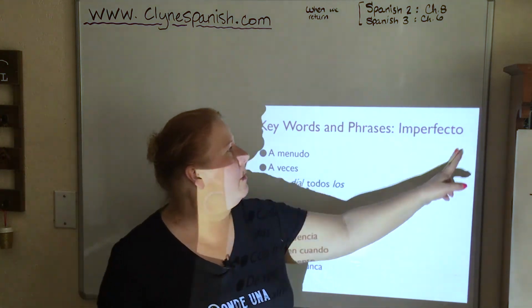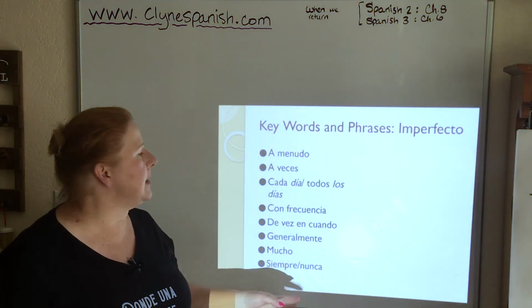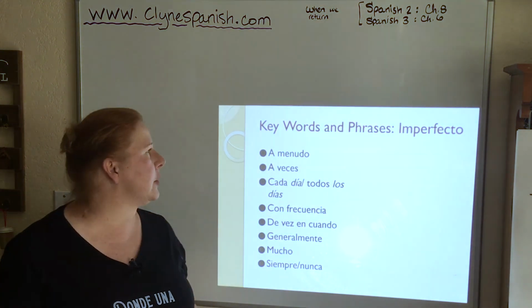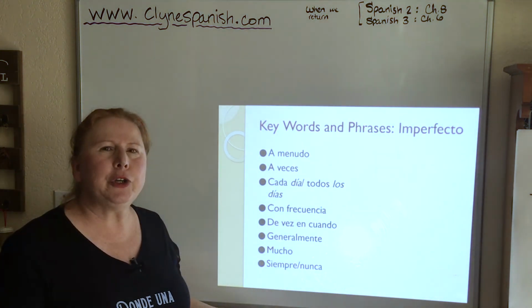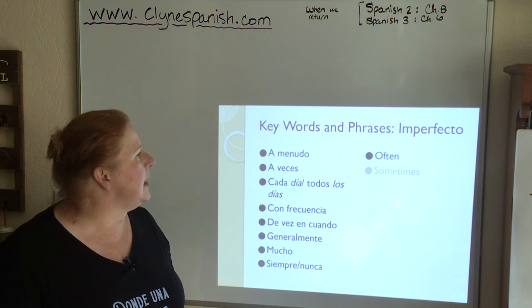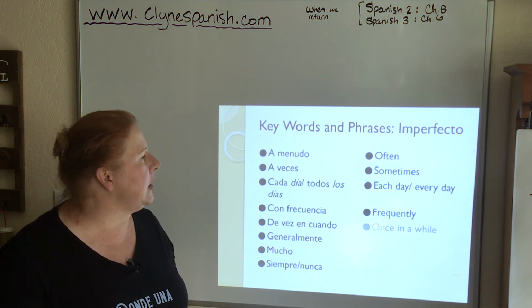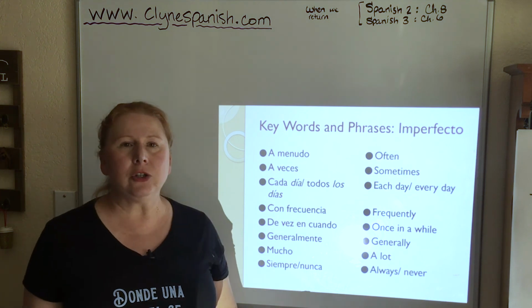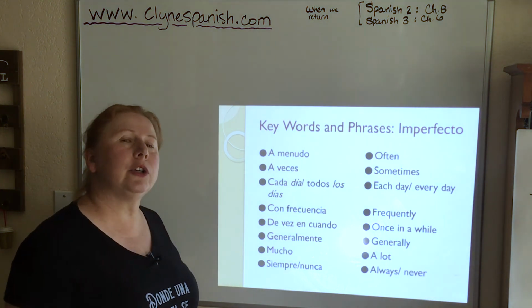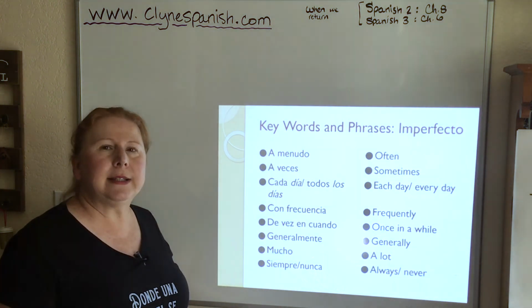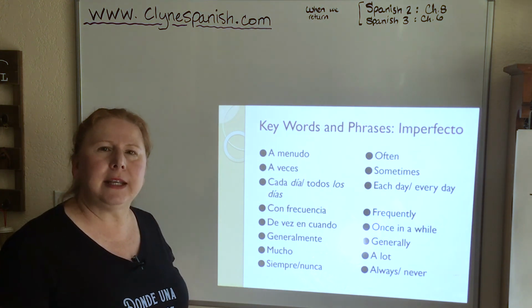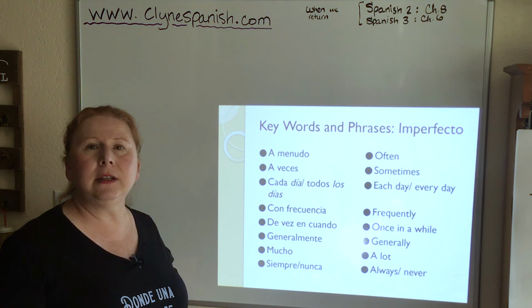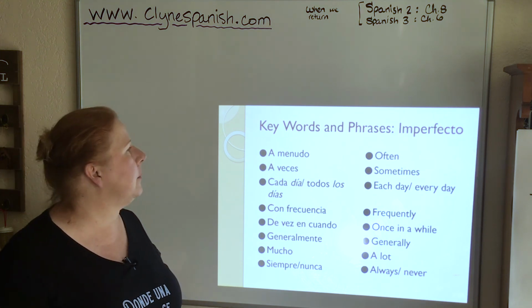Okay, now for the imperfect tense. Just as the preterite had some words that could kind of direct you in their direction, the imperfect does too. So if you see these words, again, if you're taking notes or if you want to get a screenshot, this is another good screen to get. Reason being is knowing what these words are can also help guide you towards, am I using the preterite or am I using the imperfect?